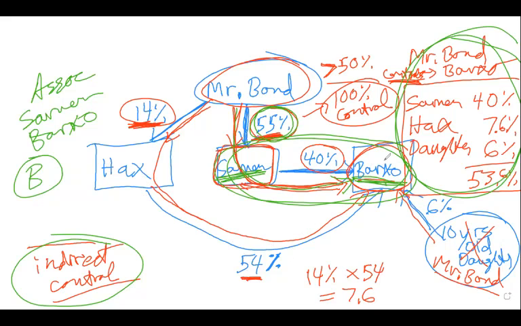Hacks has control of Barkso, so this gets him a portion of that, but it doesn't get him the same sort of situation as it is with Sarnen. With Sarnen, his 55% is as good as 100, so he gets the whole 40. Through Hacks, he's got a minority stake here, so he can only get the 14% of 54. So we just multiplied 0.14 times 54 to get what I believe was technically 7.56, and we rounded that up.